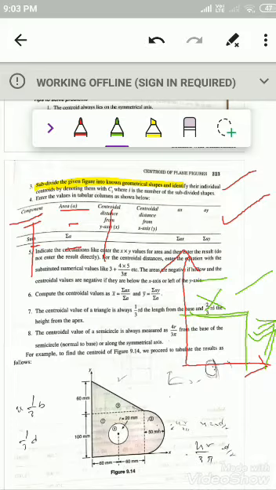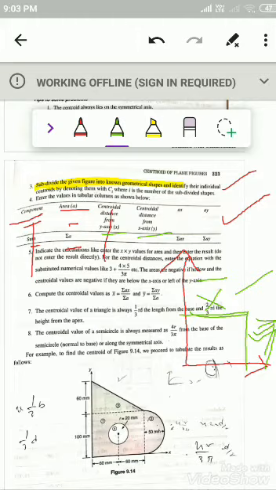So that is the centroidal distance from the y axis and the centroidal distance from the x axis. Observe the tabular column I have attached: you have the different centroidal x bar values for the different geometrical figures, and you enter those values here.